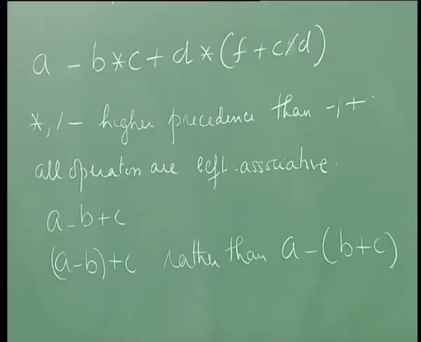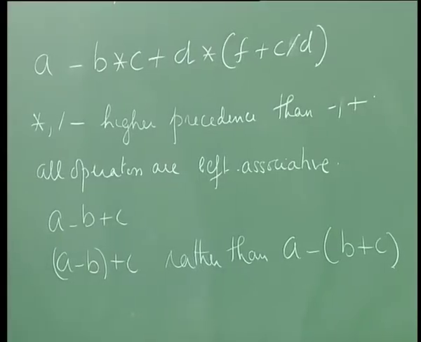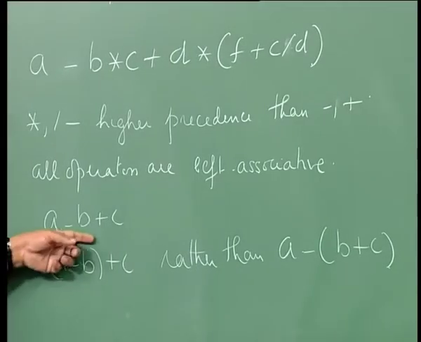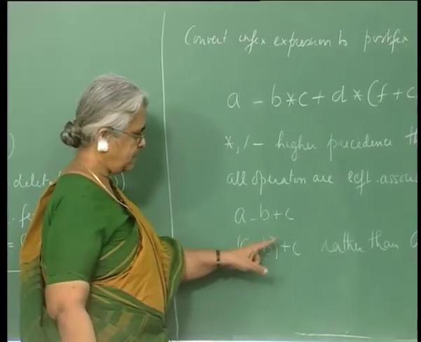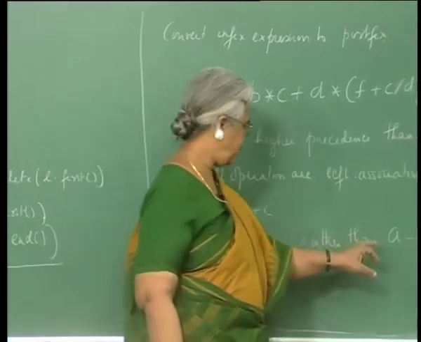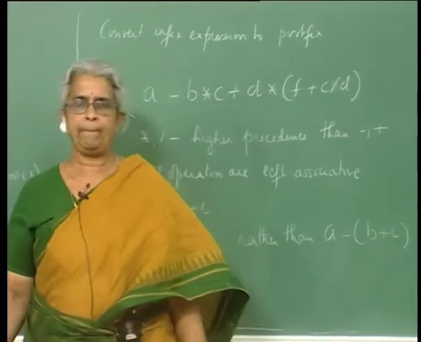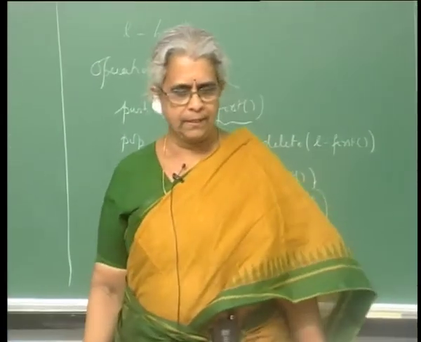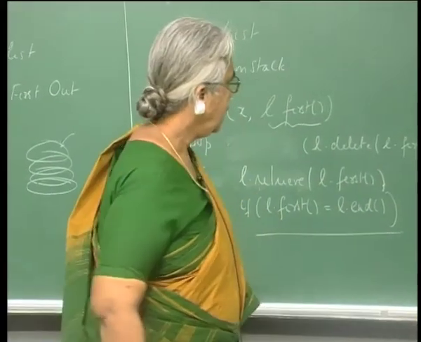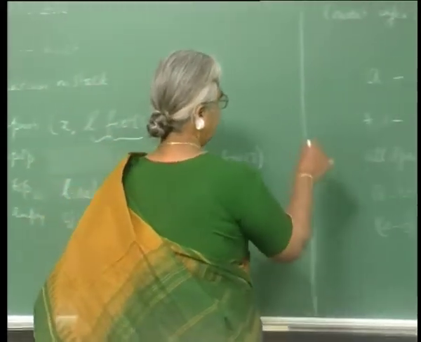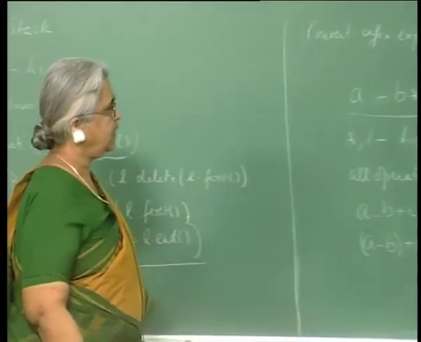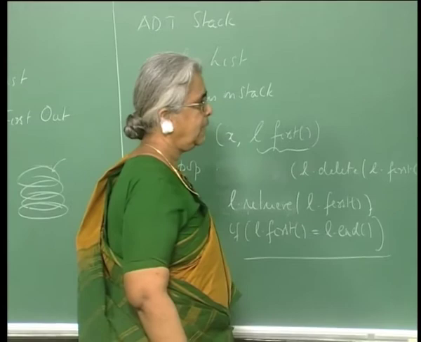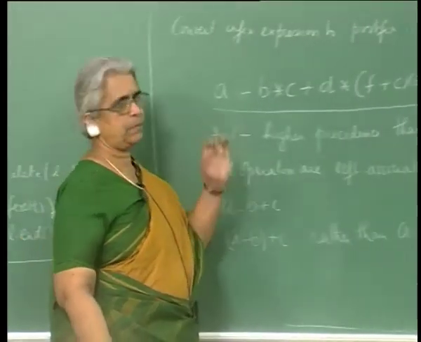That is, we assume that all the operators associate to the left. That is the meaning of it. If I am given an expression like this, I do not know whether I have to perform a minus b plus c, or should I perform a minus of b plus c. Okay? That is where the associativity matters. What is interesting is that when I am given an expression like this and I do not know the associativity of the operators, it is difficult to evaluate this expression.